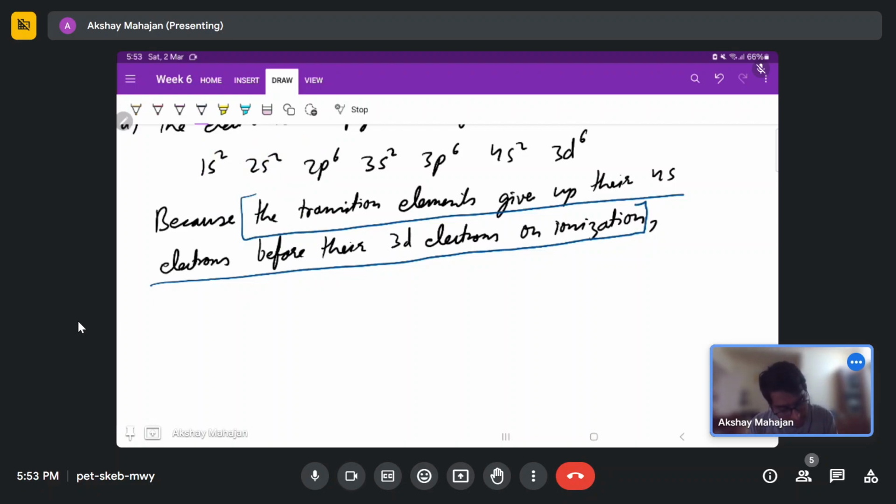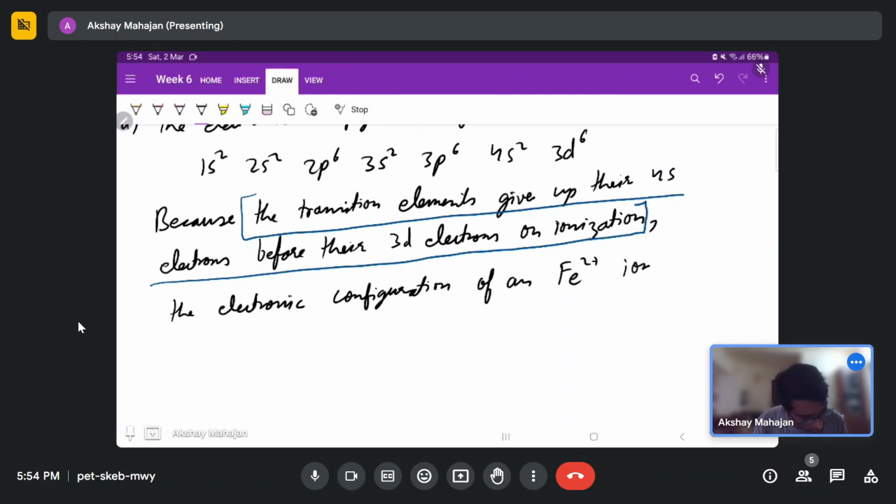Okay, so the electronic configuration of an Fe2 plus ion is 1s2, 2s2, 2p6, 3s2, 3p6 and 3d6.